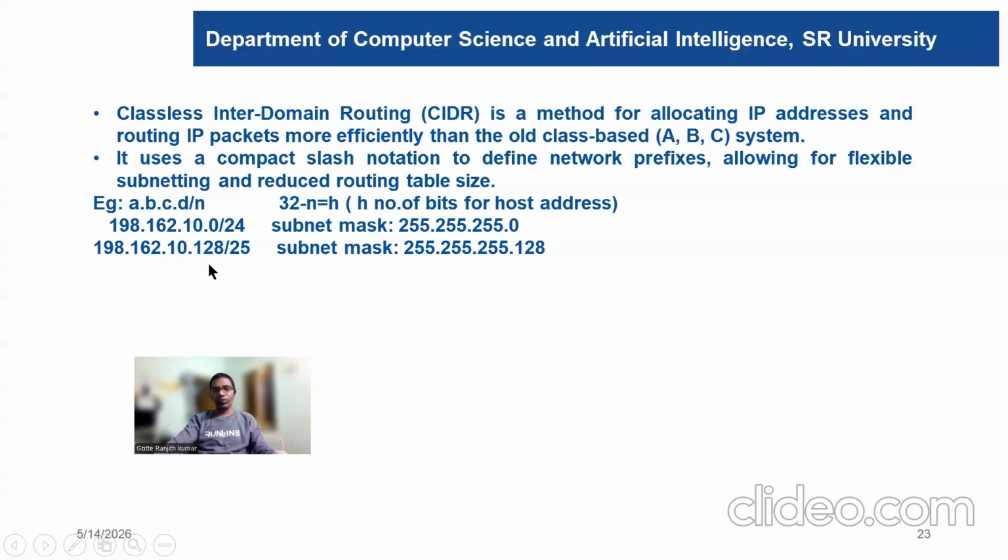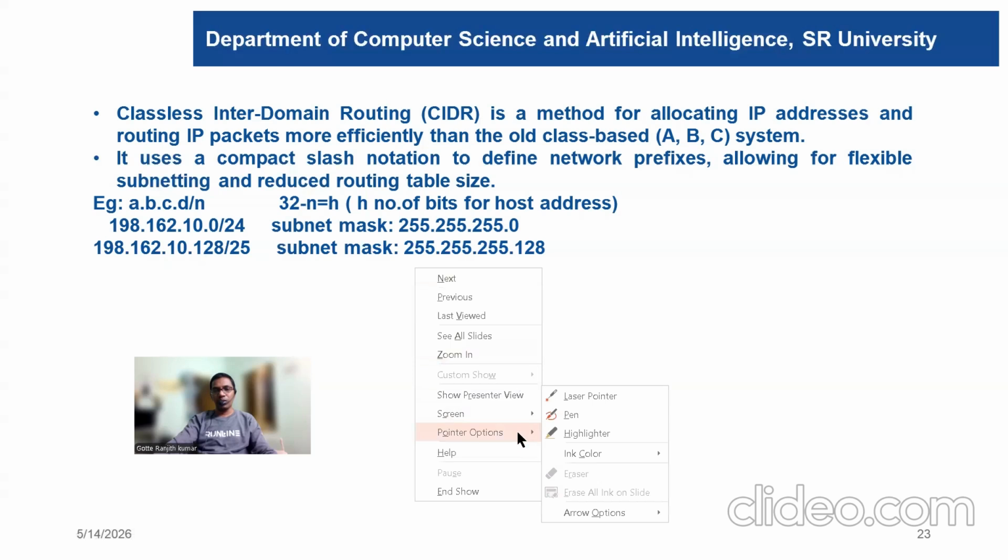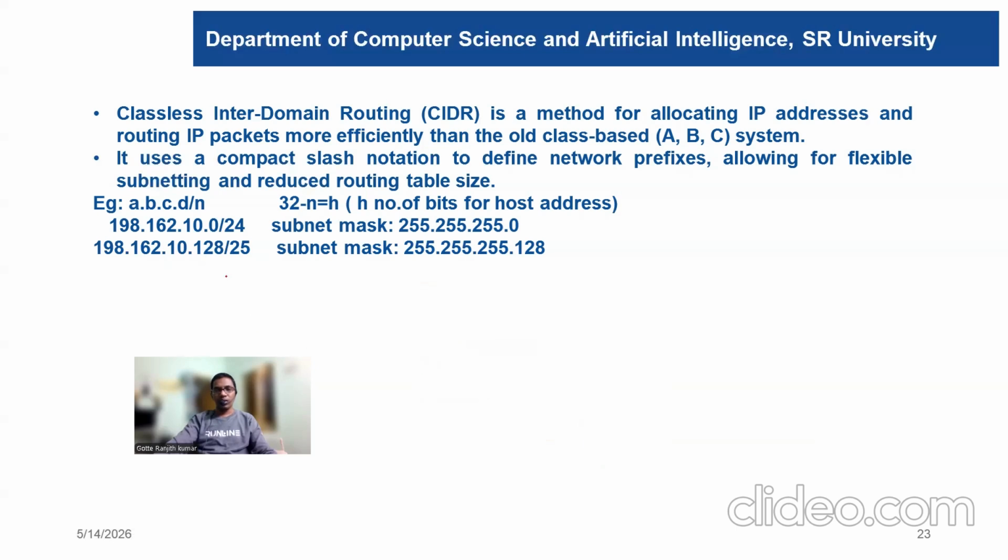Let me represent this. The last byte I am representing in 8 bits: 1, 2, 3, 4, 5, 6, 7, 8. Up to 24 bits are used for the network address, and for the 25th the first bit of the last byte will be taken for the network address.